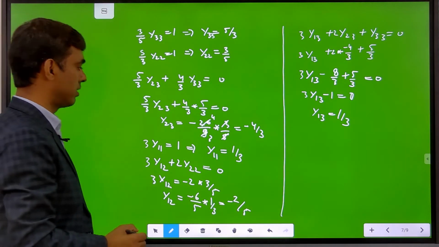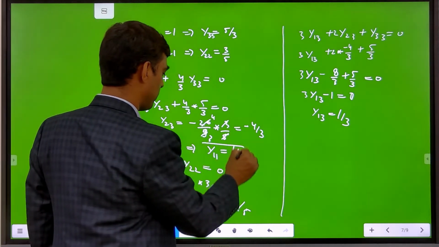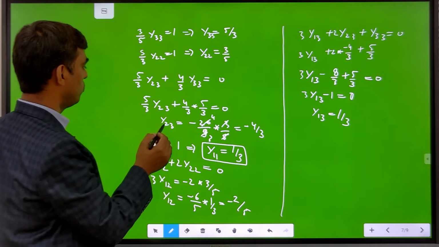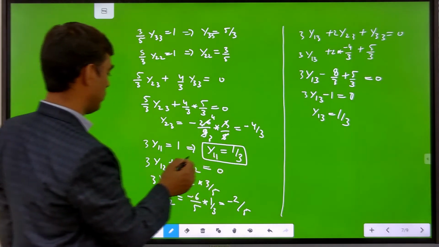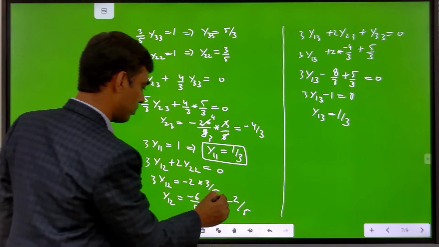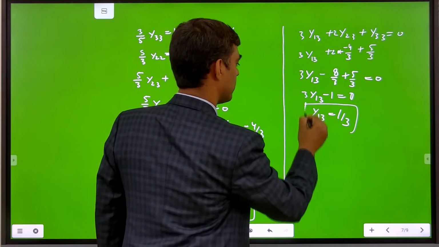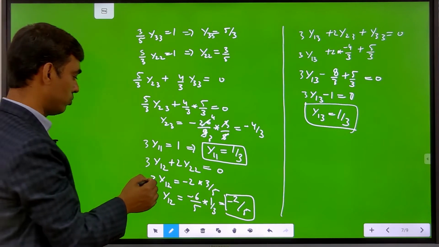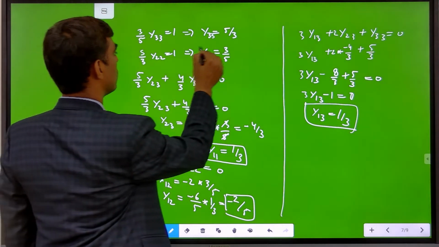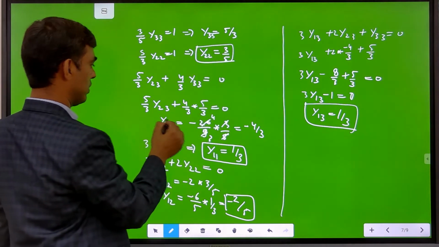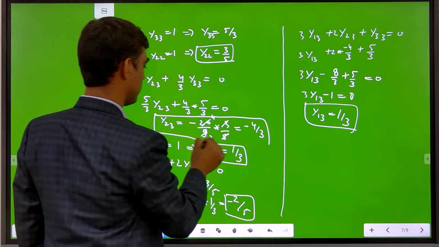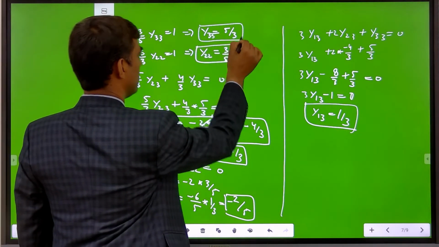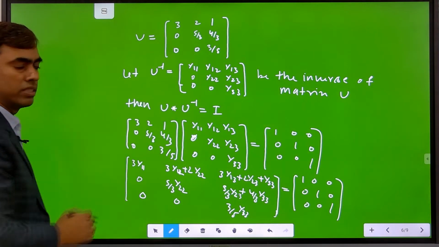So we are able to find the values of y11, y12, y13, then y22, y23, and then the value of y33. So we are able to find all the values of L inverse and U inverse.